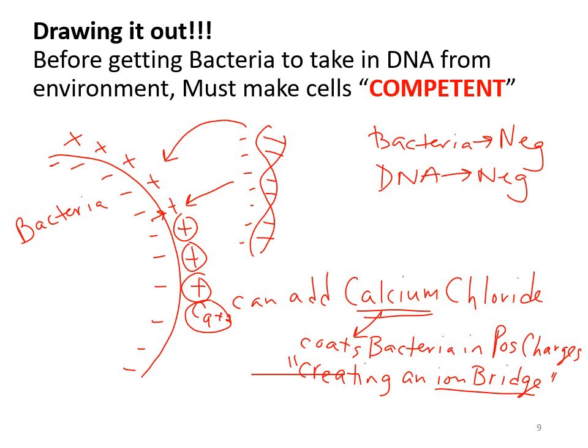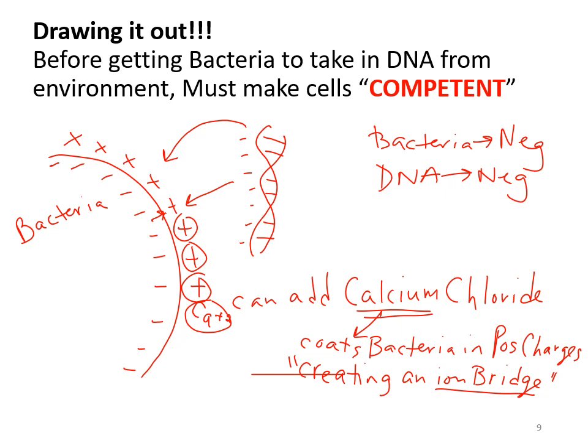So competent is making the cell ready to take in new DNA by affecting the charge of the cell. Okay? Make sure you remember that the bacterial membrane is negatively charged, the DNA is negatively charged, so they normally repel each other.